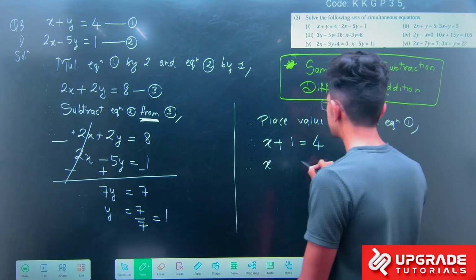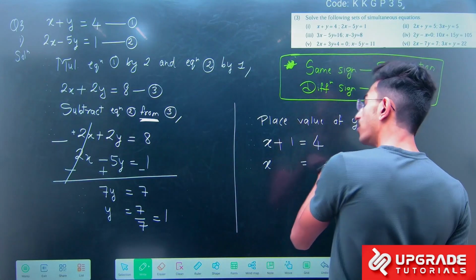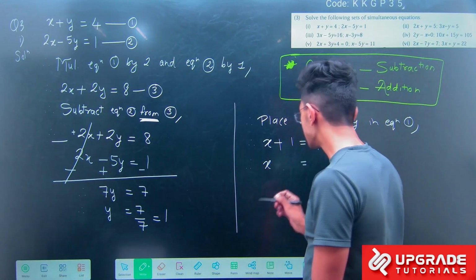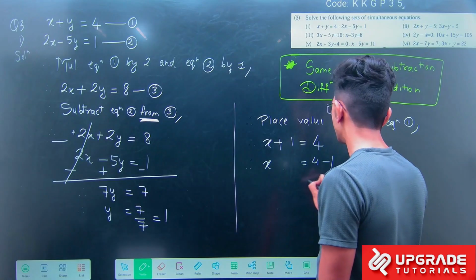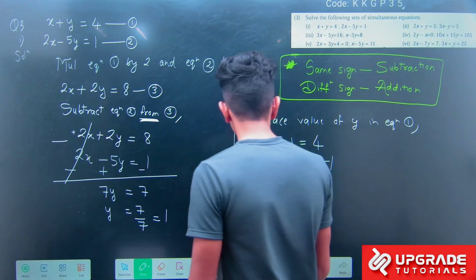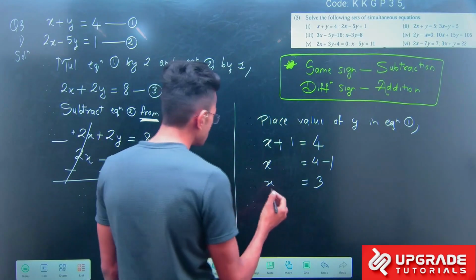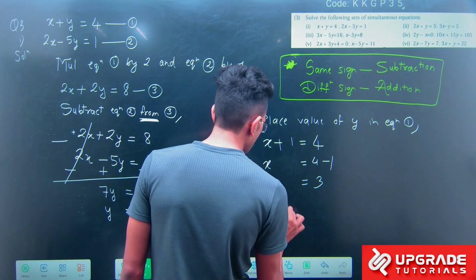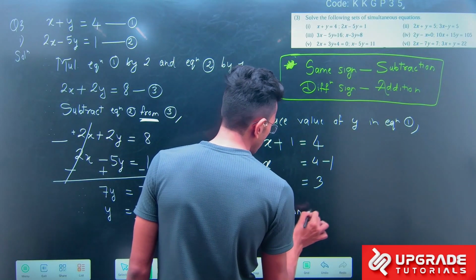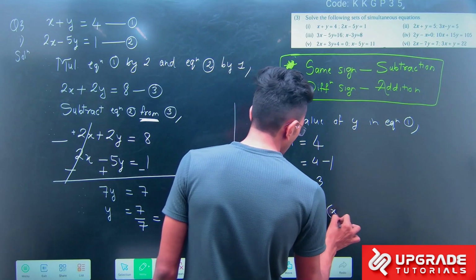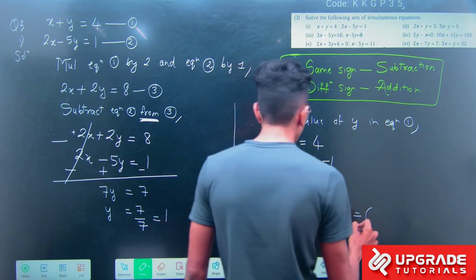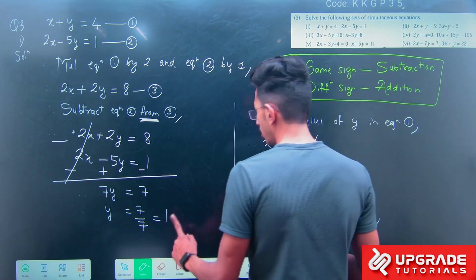Therefore x is equal to this plus 1, it will go towards the right-hand side and become minus 1. 4 minus 1. What is 4 minus 1? 3. So x is equal to 3. We got two variables x and y. Yes. So we got the solution. Solution is x comma y, which is 3 comma 1.